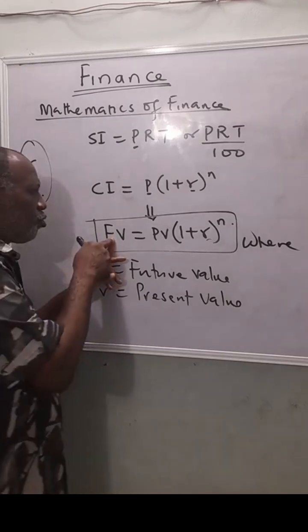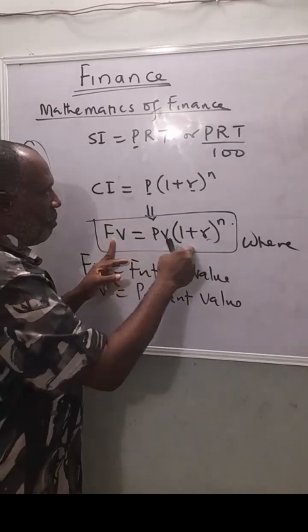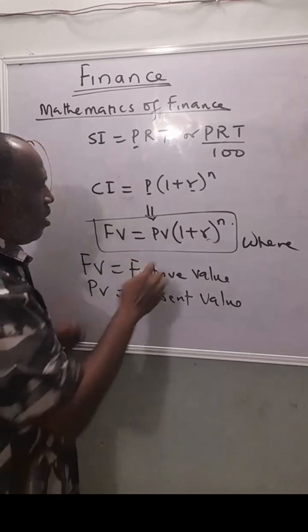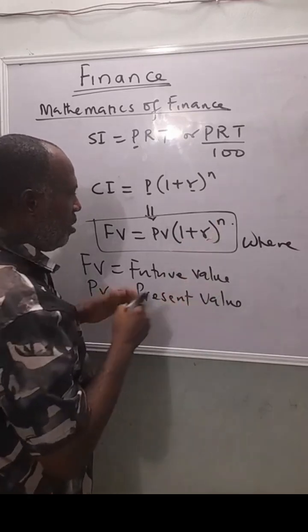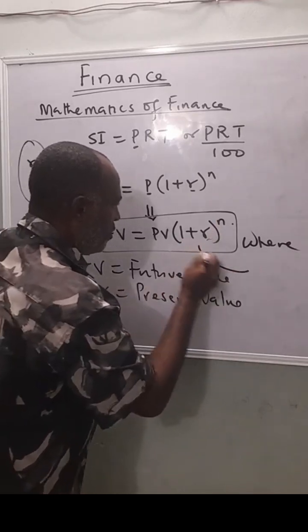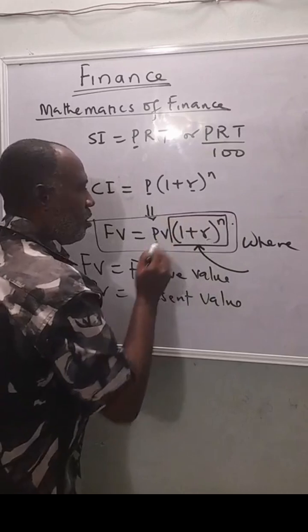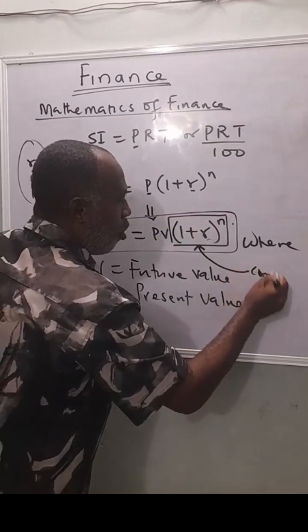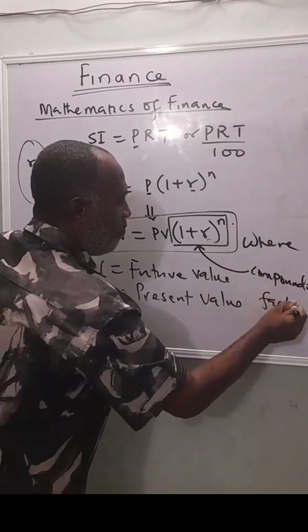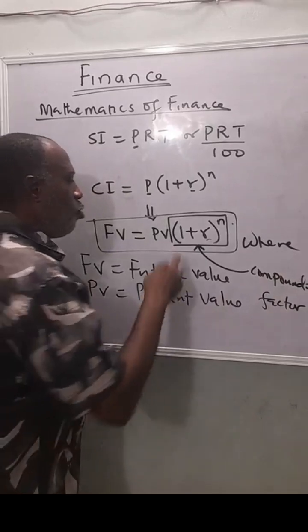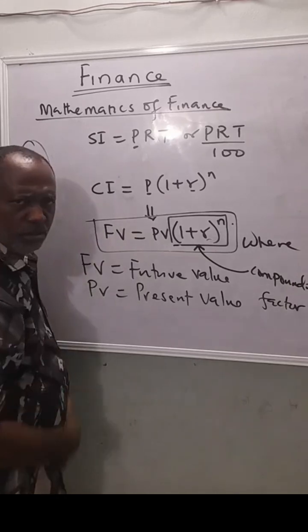For me to find the future value of money, given the present value of money, I'll multiply by this: 1 plus R raised to the power of N. The whole of this is what we call the compounding factor. When you compound the present value of money, you get the future value of money.